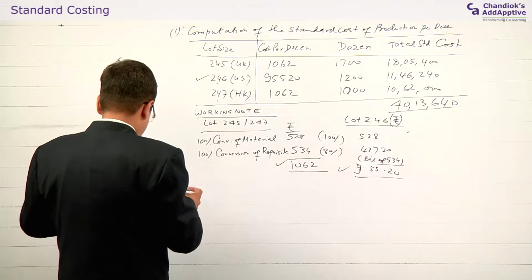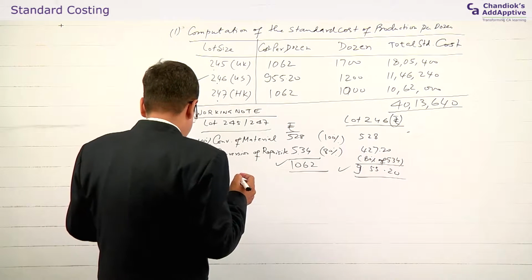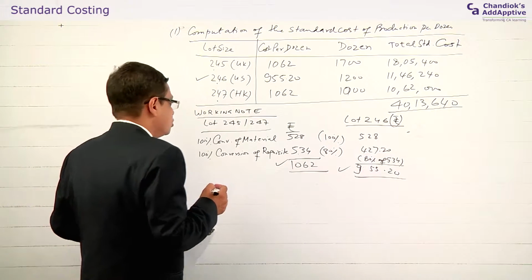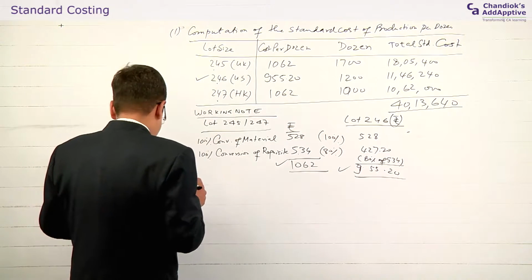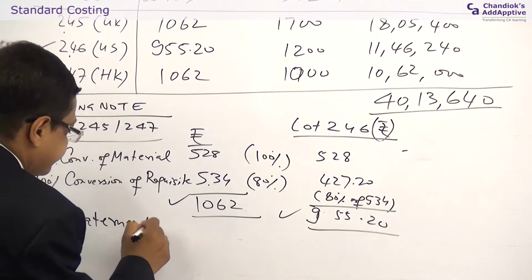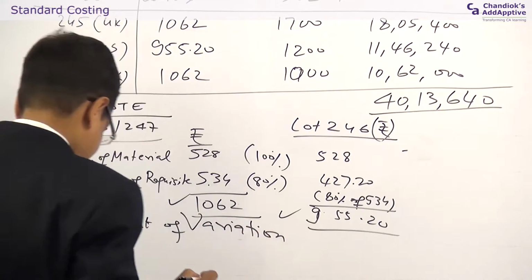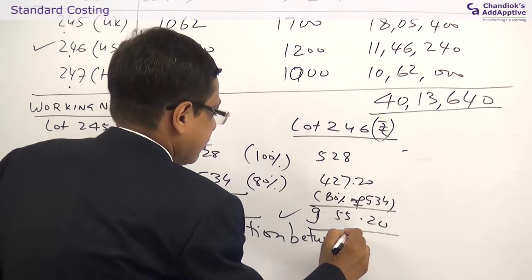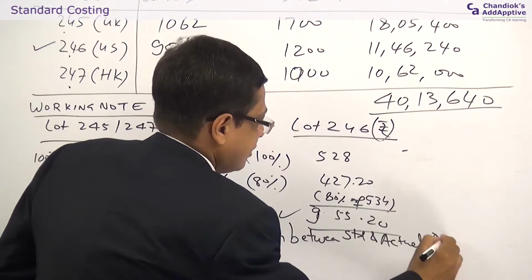Another aspect which the question is asking is: how much is the variation between standard quantity of material and actual quantity of material used in the three types of order? So, let us do that part also. So, we are making a statement of variation between standard and actual quantity.